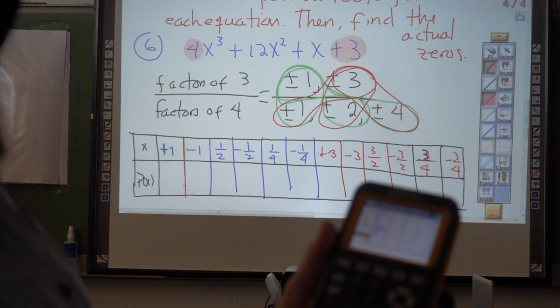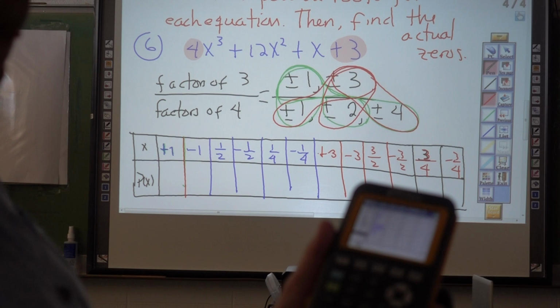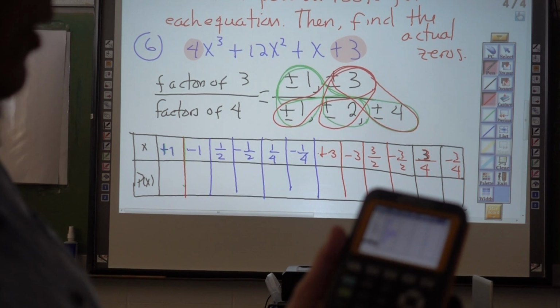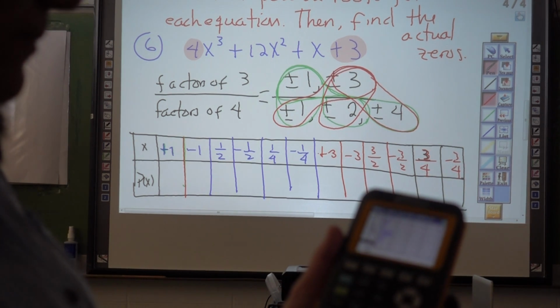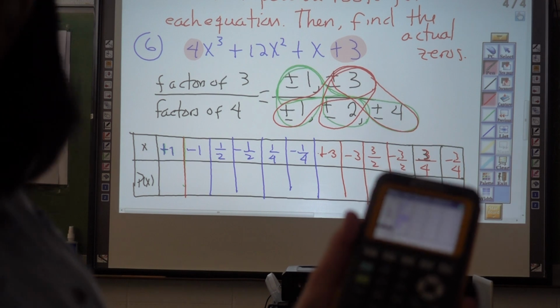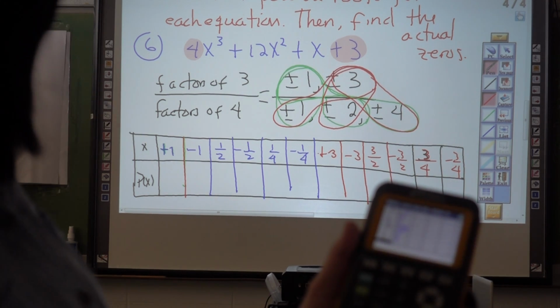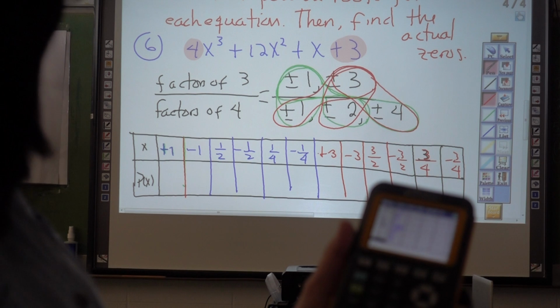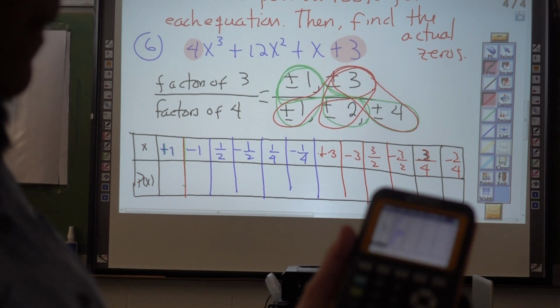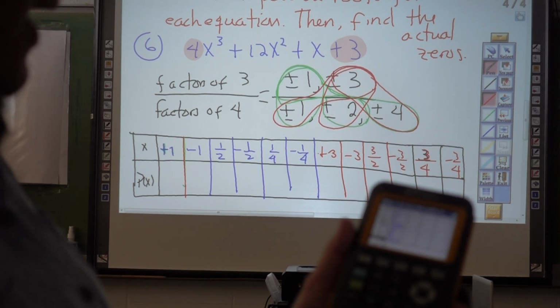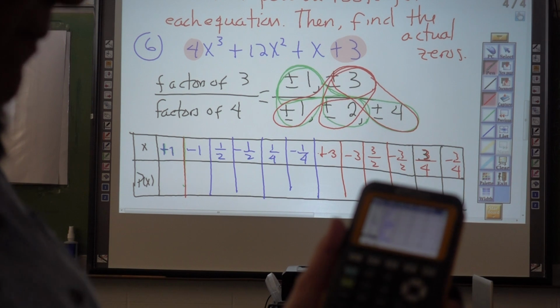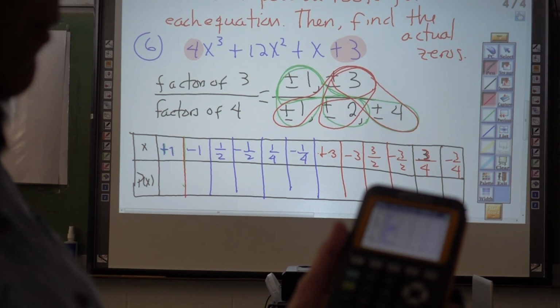And then we want 3/2, negative 3/2, 3/4, and negative 3 divided by 4.